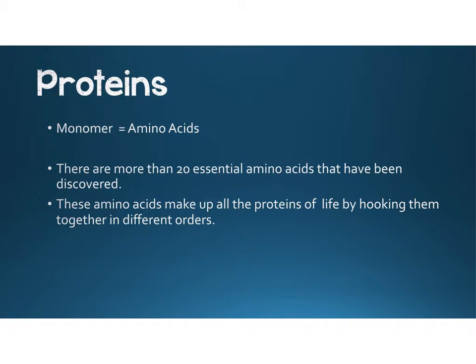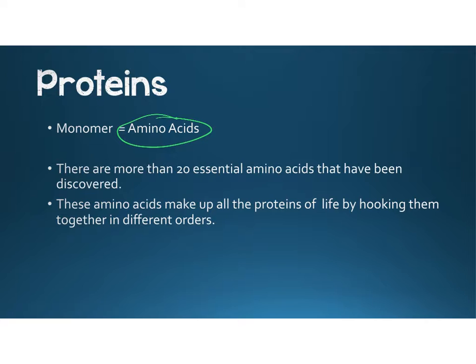So what's the building block of a protein? Just like lipids and carbohydrates, proteins are made up of lots of monomers hooked together. These monomers for proteins are called amino acids, and they are hooked together in long chains to form proteins. There are more than 20 amino acids that have been discovered.